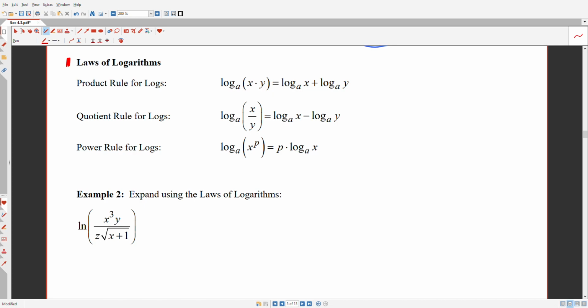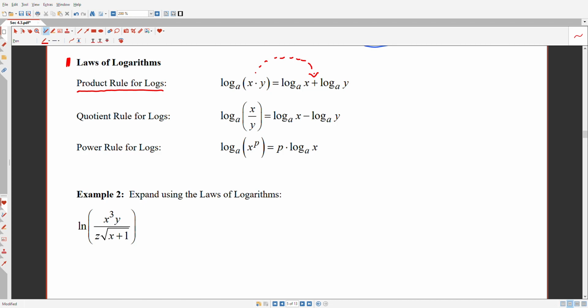So for example, the product rule for logs says this: if you take the log of a multiplication, a product, it turns the multiplying, like magic, into the simpler operation of addition. So the log of a product equals the sum of logs.